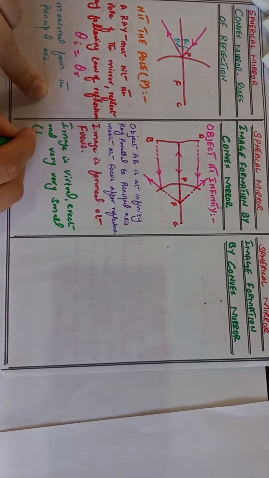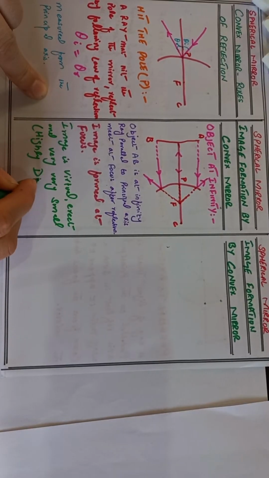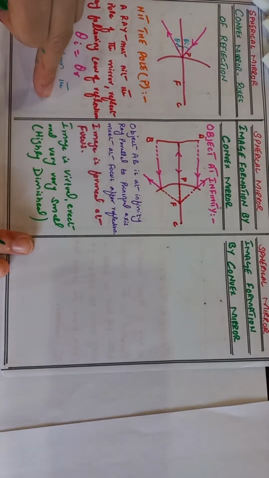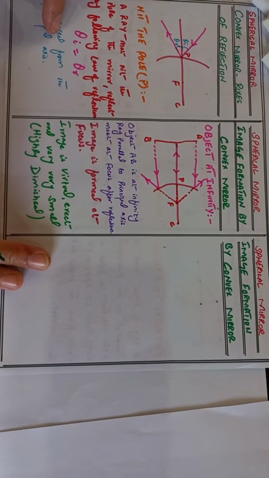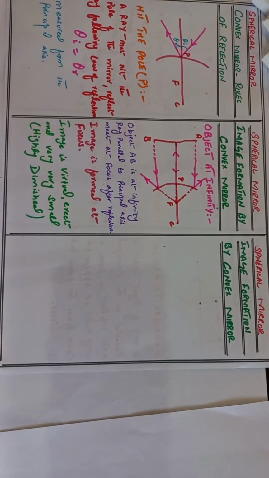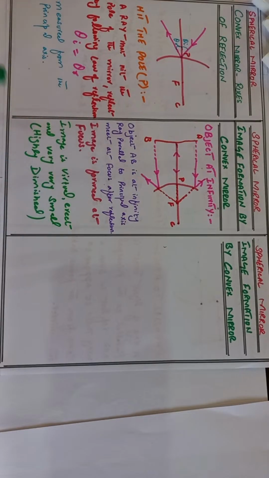We also say that it is highly diminished. That is, the image formed when the object is at infinity is formed at the focus, or its image position is at the focus, and the nature of the image is virtual, erect, and very, very small, highly diminished.